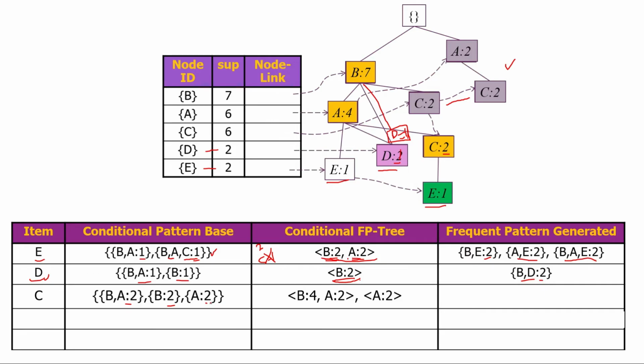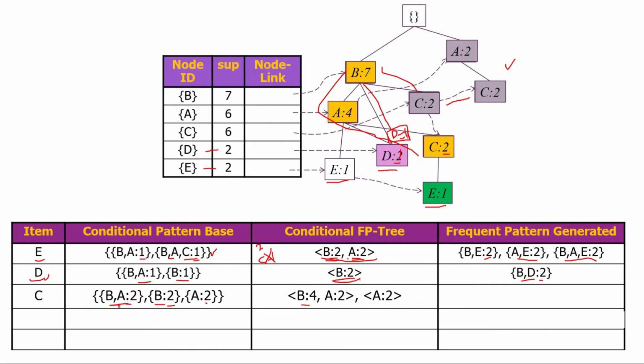So we get the frequent items in the conditional frequent pattern tree, which is B4, as it occurs in this path and in this path, so the total is 4.